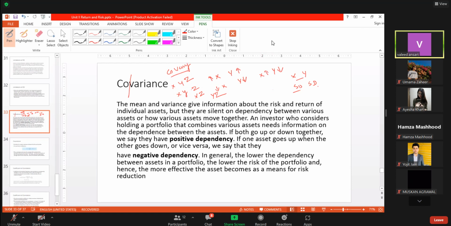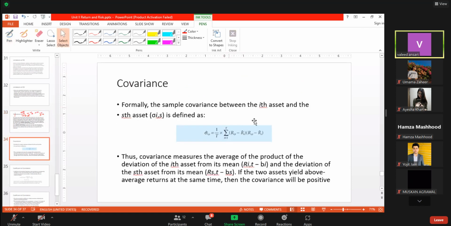How do we calculate covariance? There is a formula, and it is very simple.